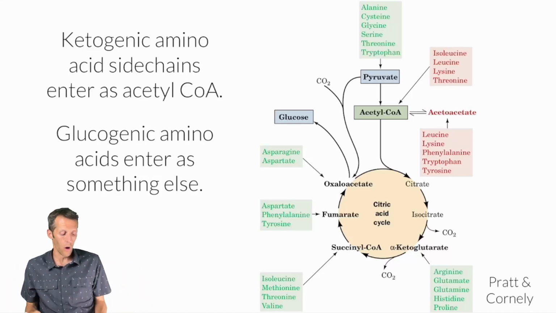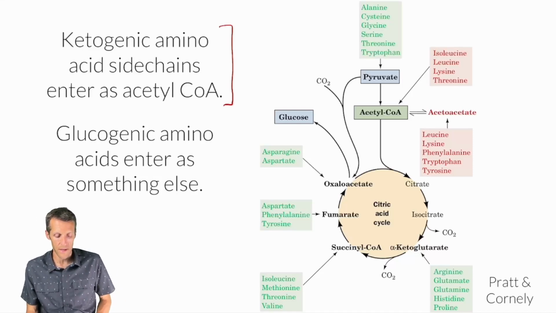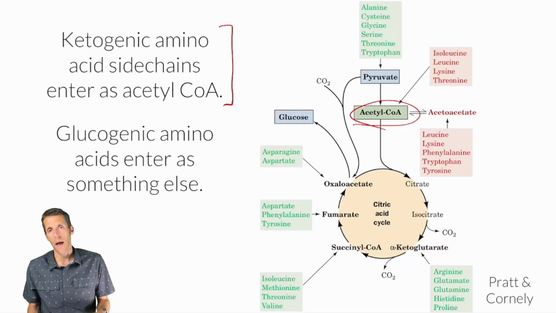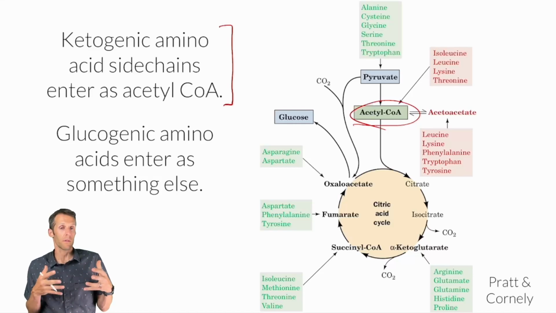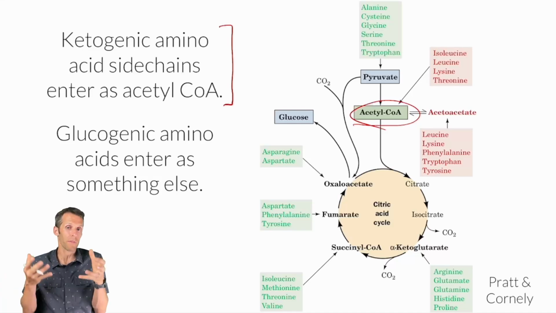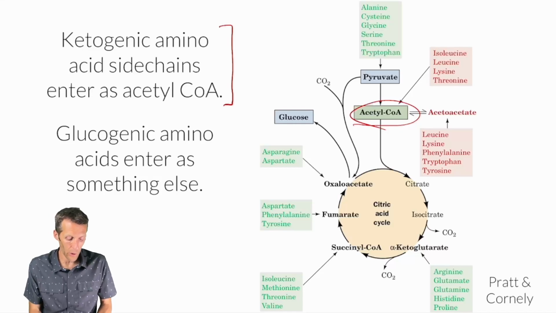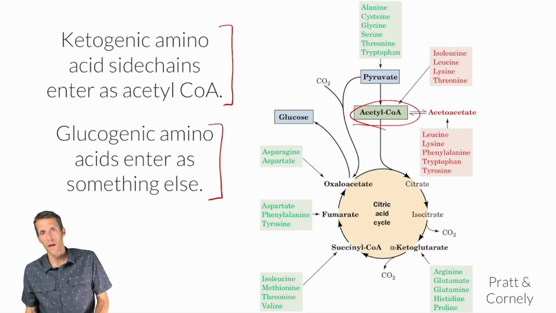Turns out that amino acids are basically broken into two major classes. The first are the ketogenic amino acids, where their side chains, when they're broken down, enter the central carbon metabolism as acetyl-CoA. I've used in the past this idea of different transit networks, right? So they're coming in as part of the acetyl-CoA transit network, which is adjacent to and touches, but is separate from the glucose network.